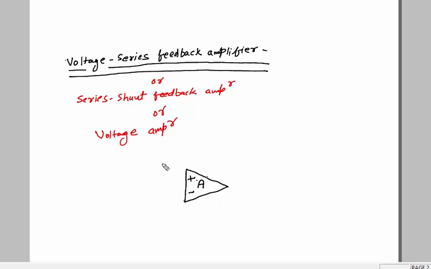Then we have power supplies plus VCC and minus VEE. This is the output terminal and these two will be the input terminals. This is the basic op-amp.